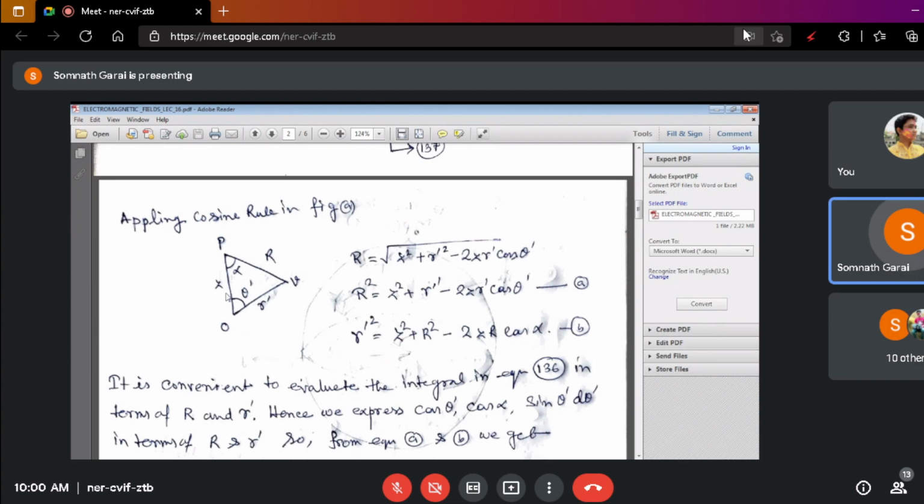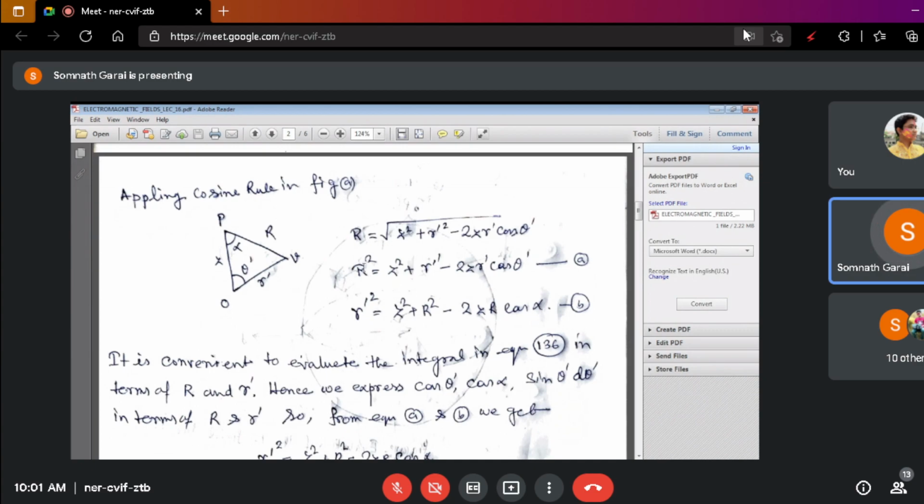The side opposite the angle theta is given by this expression. If we square both sides, R squared is equal to Z squared plus r dot squared minus 2 Z r dot cos theta dot.